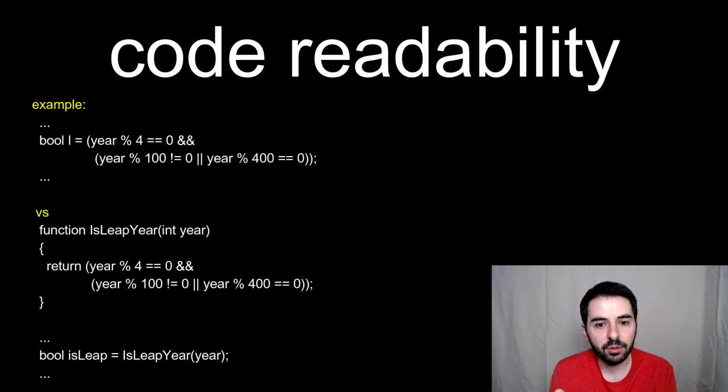So the logic of this calculation would be, if the year is divisible by 4, and either it doesn't divide by 100, or it divides by 400, yeah, something like that.